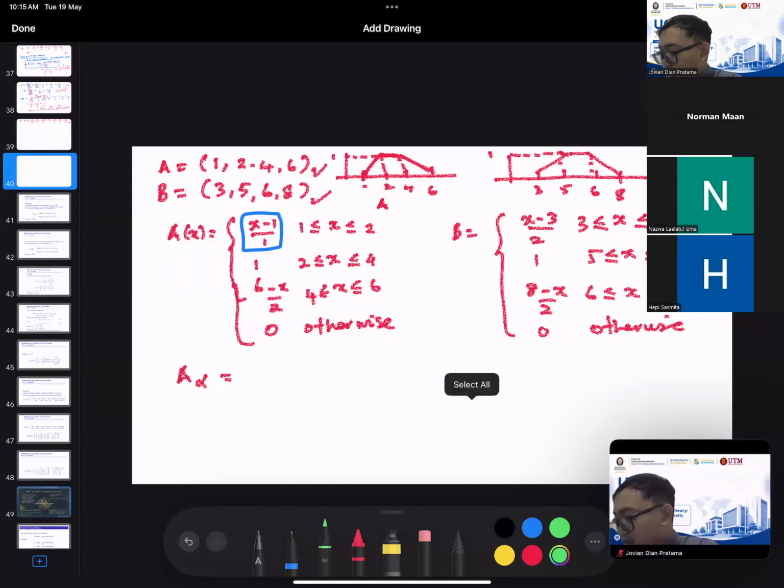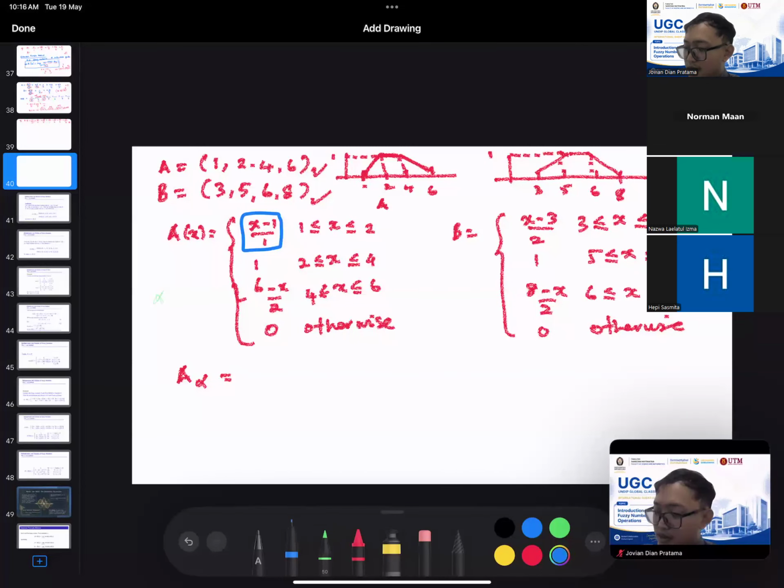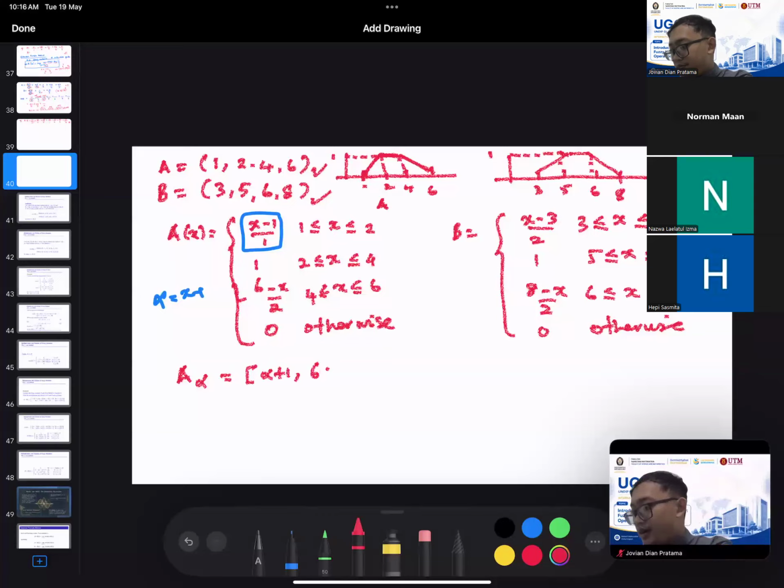So you can say that your x here equals x minus 1. And then definitely you will find your x here will be equal to the interval of alpha plus 1. So the same procedure, I just give the answer. I think you can do it on your own here.